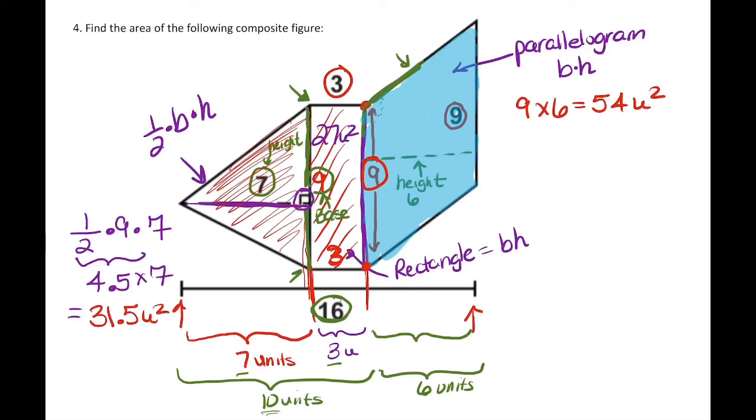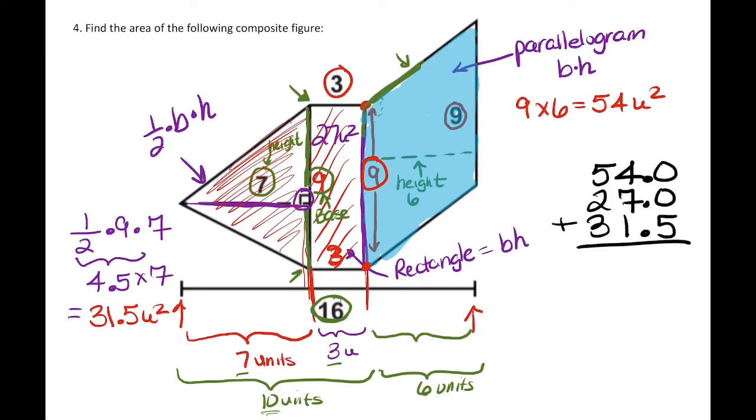So now let's put it all together. We've got 54 for the parallelogram, 27 for the rectangle in the middle, and 31.5 for the triangle. We're going to add all that up. I'm not going to use a calculator, I'm going to do this the other way.